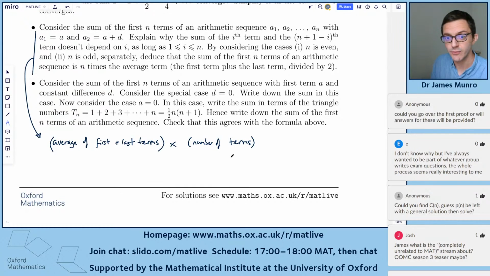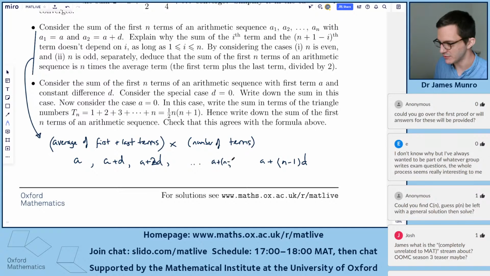So there's this proof that goes like this. Take your arithmetic sequence: a, a plus d, a plus 2d, and so on. A plus n minus 1 d is the last term. Let's put in the previous term as well: a plus n minus 2 d is the previous term.